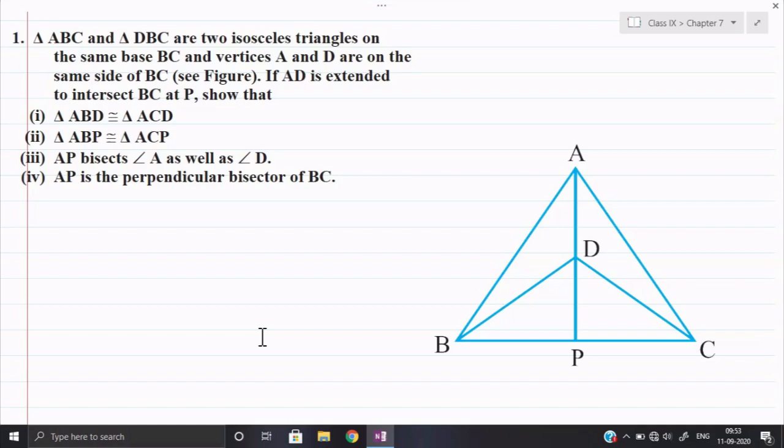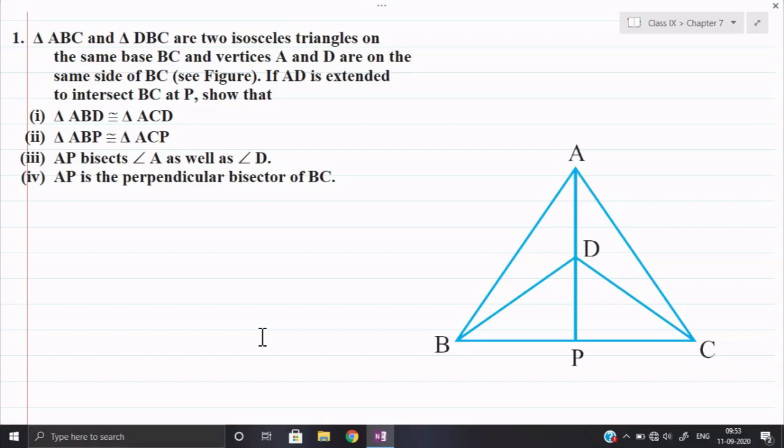You observe the vertex A and vertex D are above the line BC. It is not like vertex A is above BC and D is below BC. Both are above BC, so we can say they are on the same side.